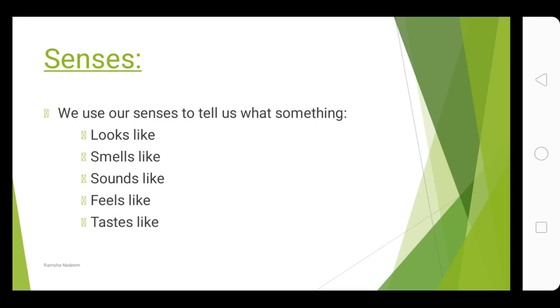For instance, how a thing which is right in front of us looks, or if we have a plate of food in front of us, how it smells or how it tastes. Or if we are hearing some song, how does it sound? Is it loud or is it low? Is it high volumed, high pitched, or low pitched? So these are the things which we get to know by our senses.